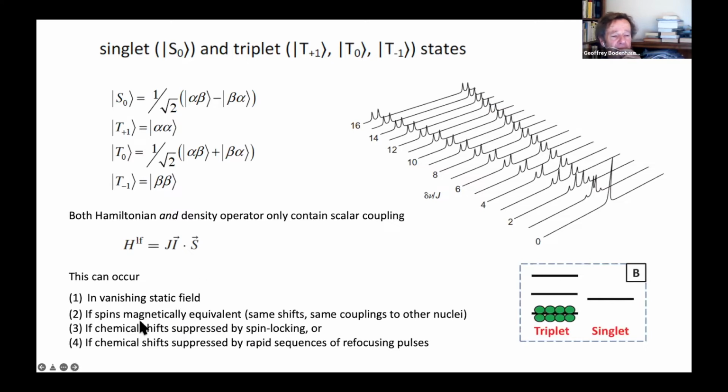This type of Hamiltonian can occur either when we have no magnetic field, or if the spins are magnetically equivalent, as in my drawing from Peter Hore, which means that they should have the same chemical shifts, but also the same couplings to all other nuclei in the molecule. The third option is that the chemical shifts can be suppressed by spin locking. We sometimes call this sustaining in our jargon. And the fourth option is that you can suppress them by rapid sequences of refocusing pulses in the manner of CPMG.